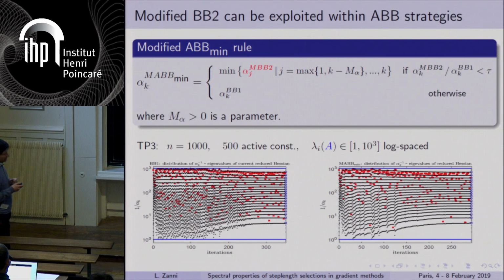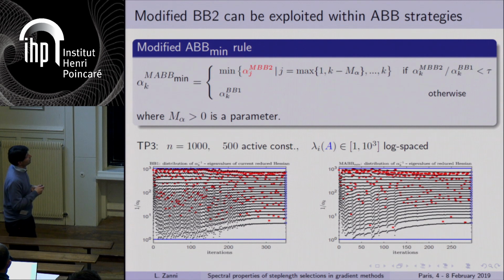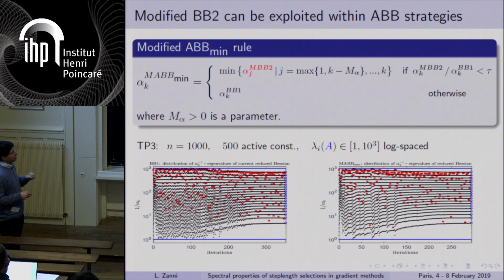Then, also in the alternated rule that we have observed very efficient in the unconstrained case, we suggest to exploit this modified BB2 rule instead of the standard BB2 rule. And we find it convenient to work also in this constrained case with the alternated rule instead of a single Barzilai-Borwein rule.